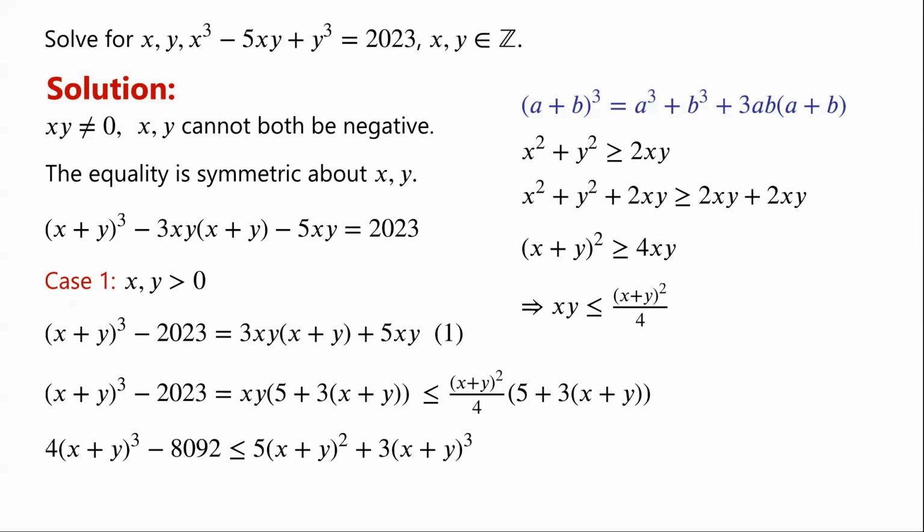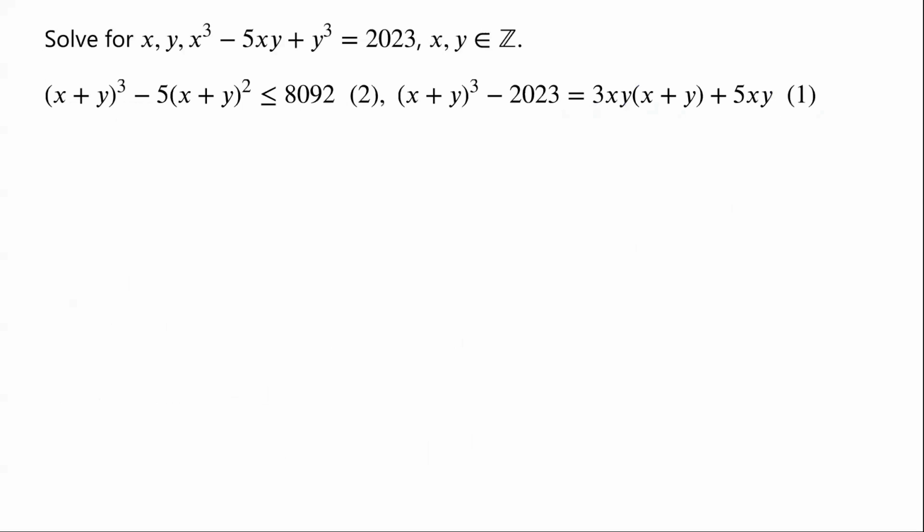Rearrange and simplify, we have (x plus y) cubed minus 5 times (x plus y) squared is less than or equal to 8092. This inequality contains (x plus y) cubed and (x plus y) squared. We can evaluate the possible range of x plus y. Clearly, x plus y must be less than 30.